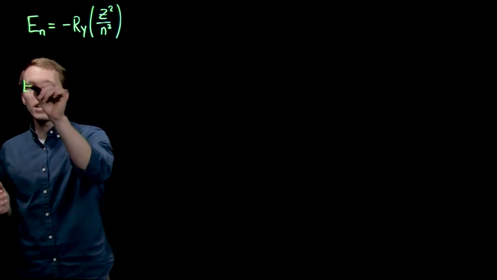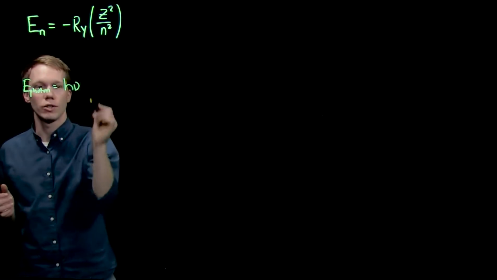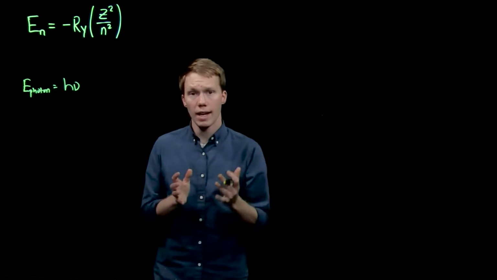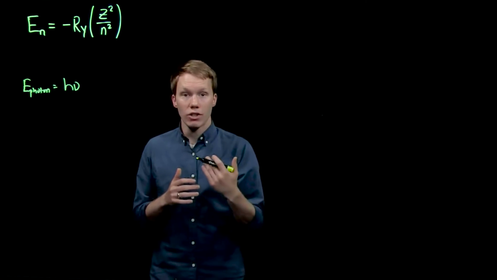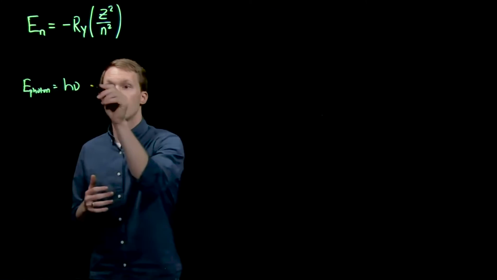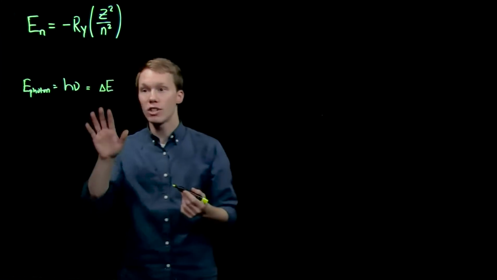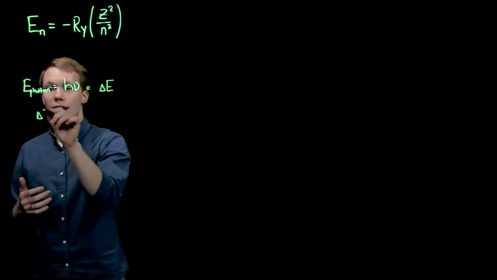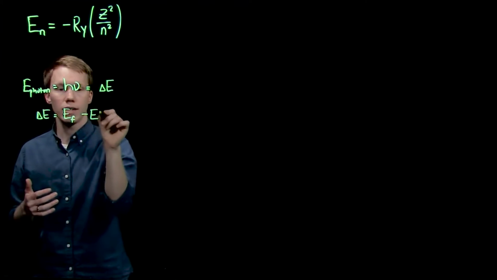We know that the energy of a photon is equal to h nu. And the light emitted from an atom is going to be due to the change in energy of an electron jumping from one energy state to another. So we can say that the energy of that light is equal to the change in energy of the electron, and the change in energy is going to be equal to E final minus E initial.